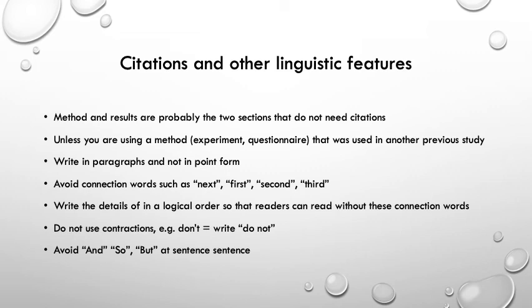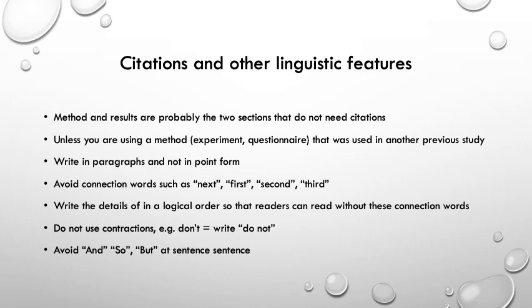However, a good research report usually does not include connection words. So I would like my students to try to write their method section without using next, first, second, third, fourth, etc. Instead, you will write your details in a logical order so that the readers can read them easily without the connection words.